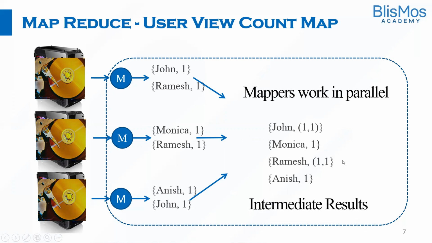From the mapper perspective, these are the output, but from the final output perspective, they're intermediate results. Remember our biryani or pasta story, where vegetables sliced by each of the cousins are the intermediate results. They need to be combined to get the final result.